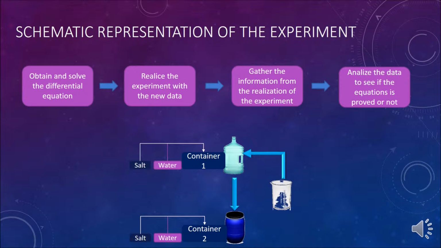Then we gather the information from the realization of the experiment with all the items that we have. And finally, we analyze the data in order to see if the equation is proved or not. And in the image down, you can see a representation of the experiment.